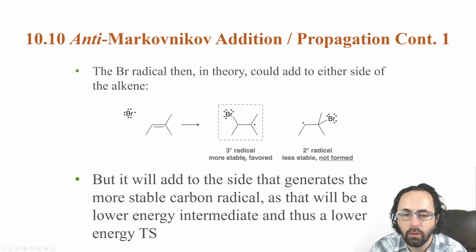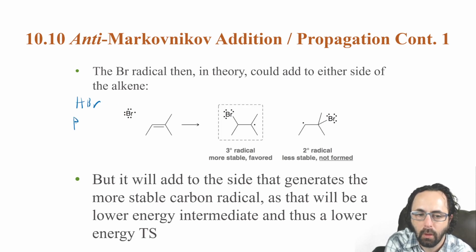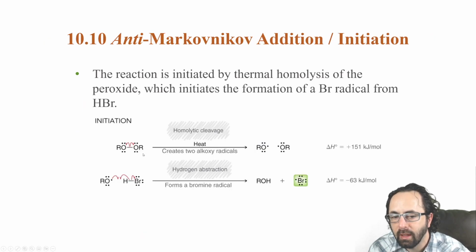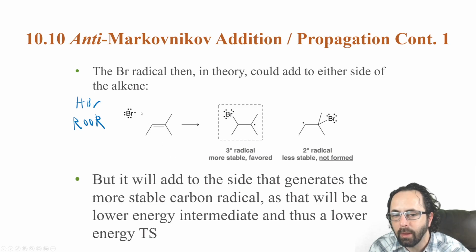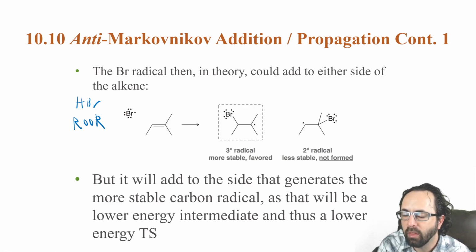And this is why, when we did the hydrohalogenation, so when we did HBr with ROR, this explains why the addition occurred in the anti-Markovnikov, or the less substituted position. It's because by adding the ROR, we add this radical initiator, which then produces the bromine atom here instead of adding the HBr. Now we have the bromine atom, which is a radical, and that does the addition instead of, remember, the alternative addition without the ROR.